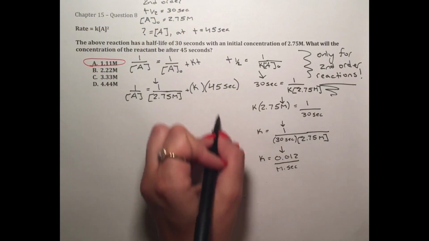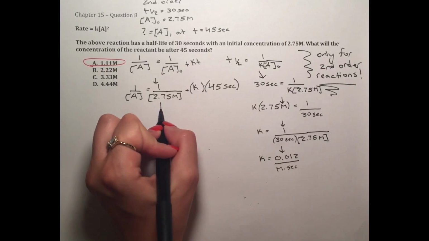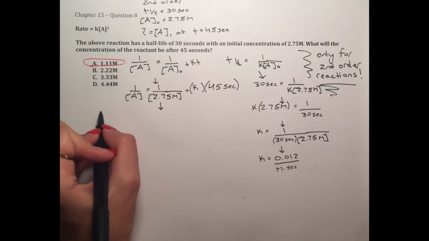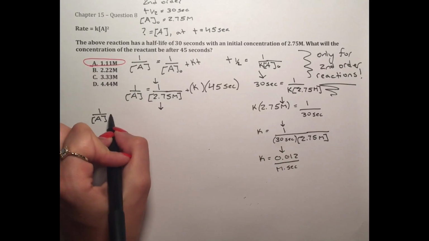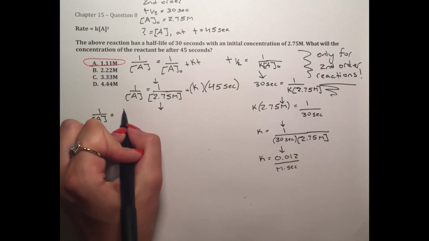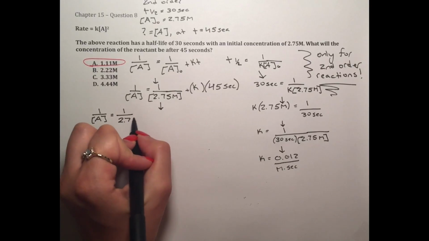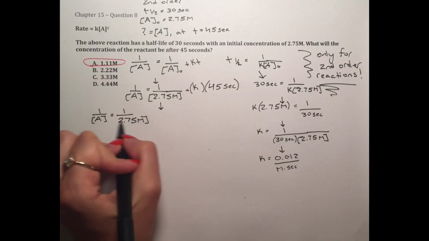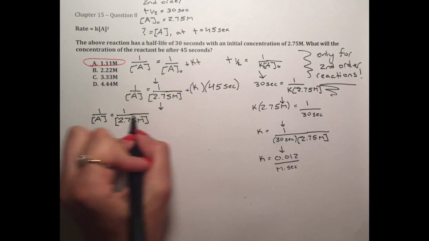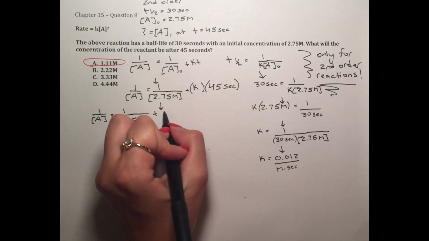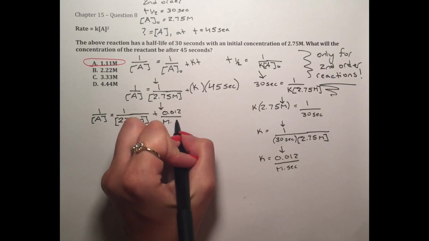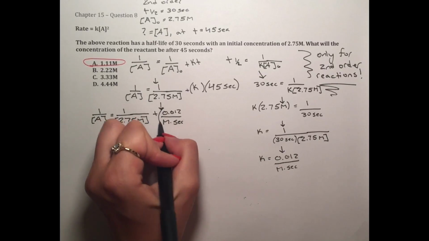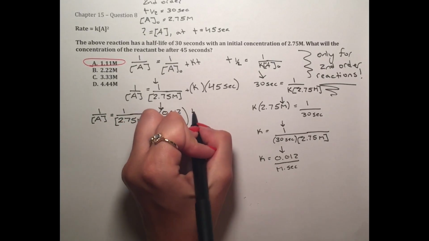Now we can plug this in to our equation. So we have 1 over the concentration of A is equal to 1 over 2.75 molar plus K, which is 0.012 over molar times seconds, times 45 seconds.